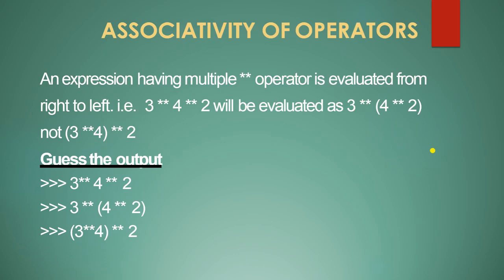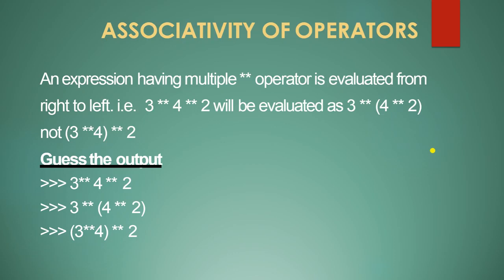So if the expression is given in this form without any bracket, it will evaluate from right to left. So first it will evaluate 4 double star 2, then whatever the result comes, it will be the power of the 3.